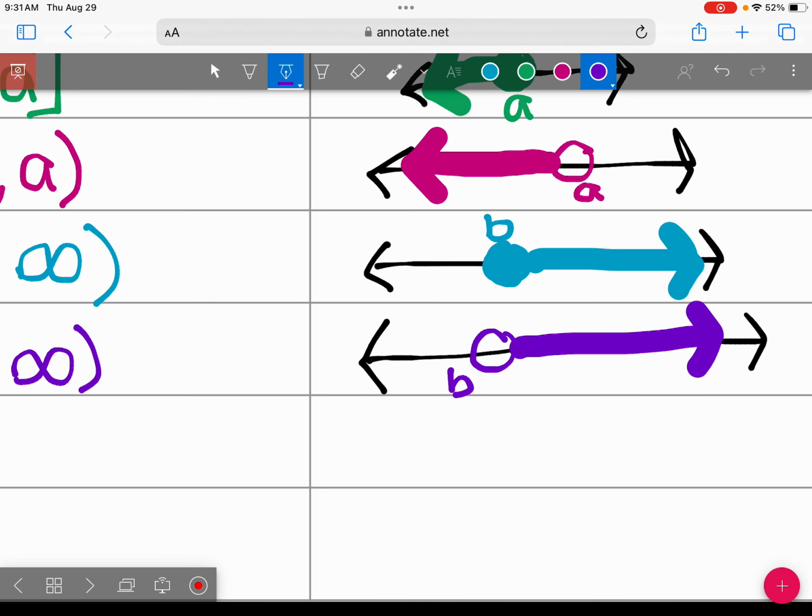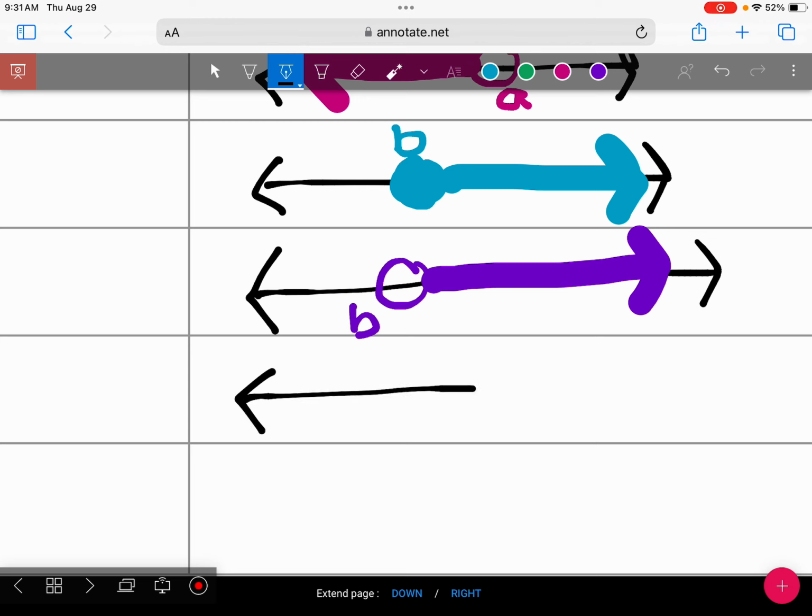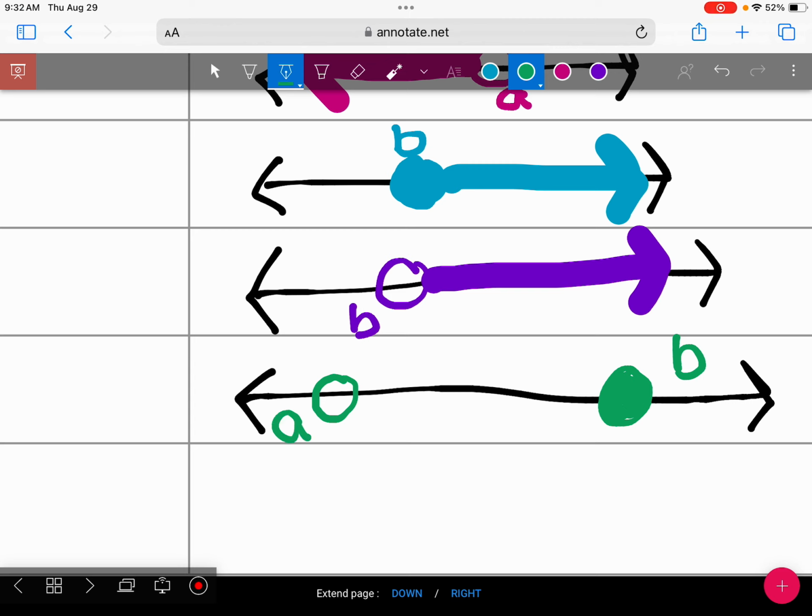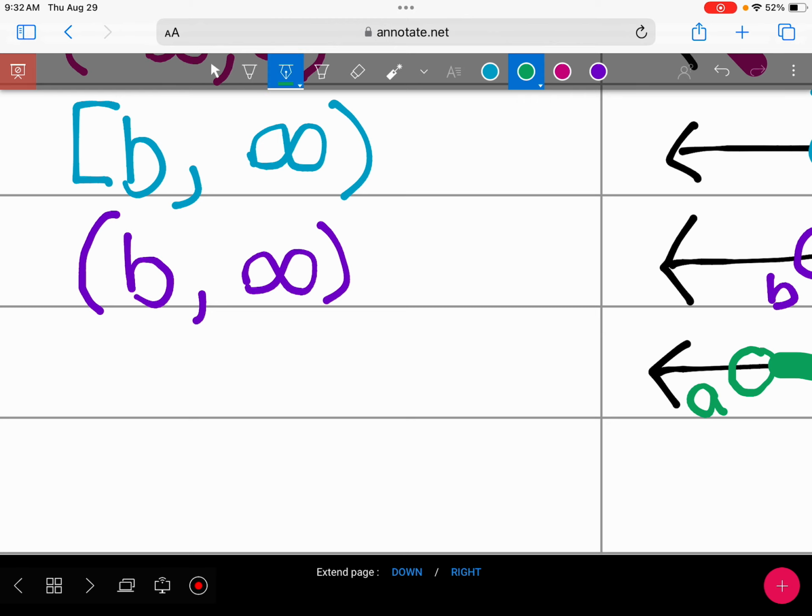Two more. So now I've got another split one, kind of like at the top, where I have, in green, that A is smaller than X, which is less than or equal to B. So it's everything between A and B. So putting this in our interval notation, what are we going to have?